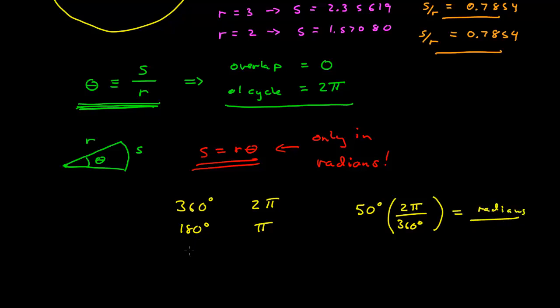The one other important point: we give these angles names, whether it's degrees or radians, and then we convert, a lot like we convert units. But it's important to note that these are dimensionless.